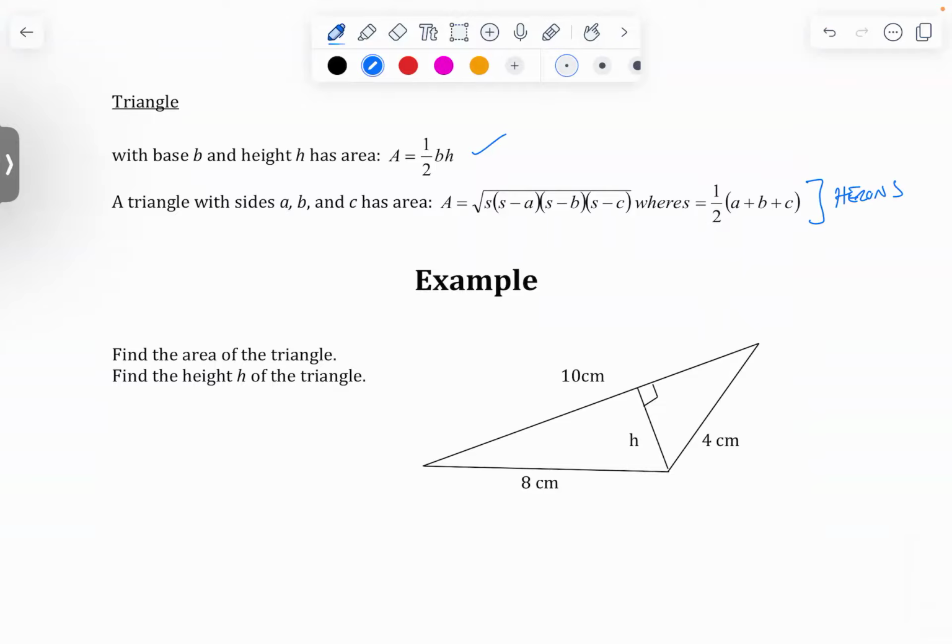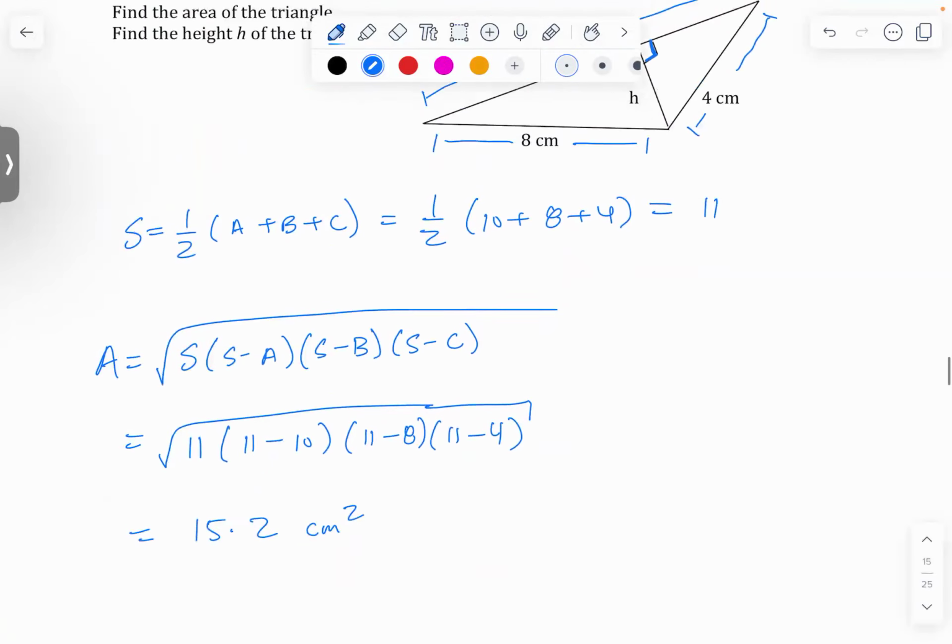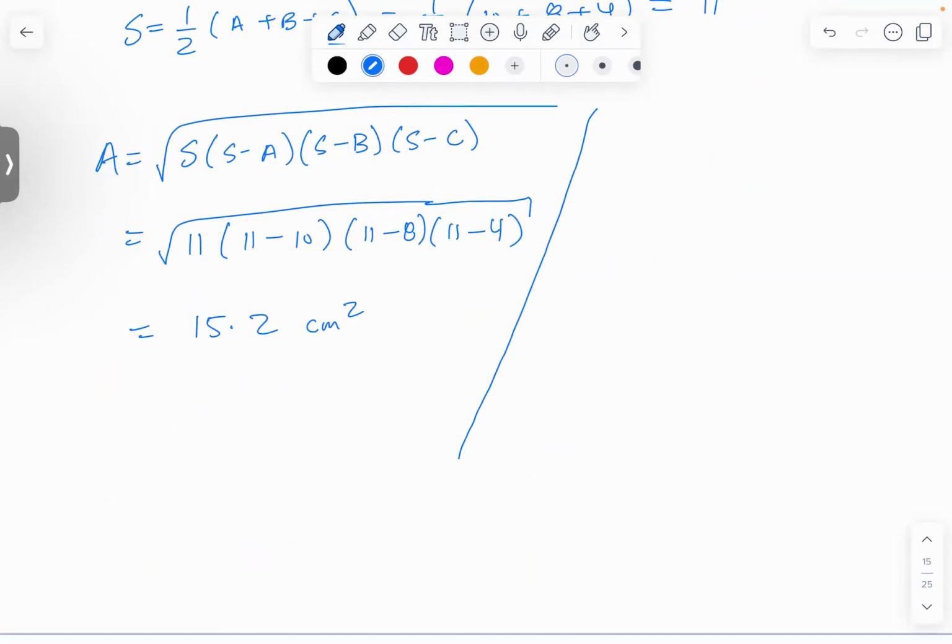Once I have that, now I have the area, I can actually calculate the height. So I'm going to use my other equation and I can work that backwards. A equals 1/2 base times the height. The area is 15.2. The base is 10 centimeters. And the height is unknown.